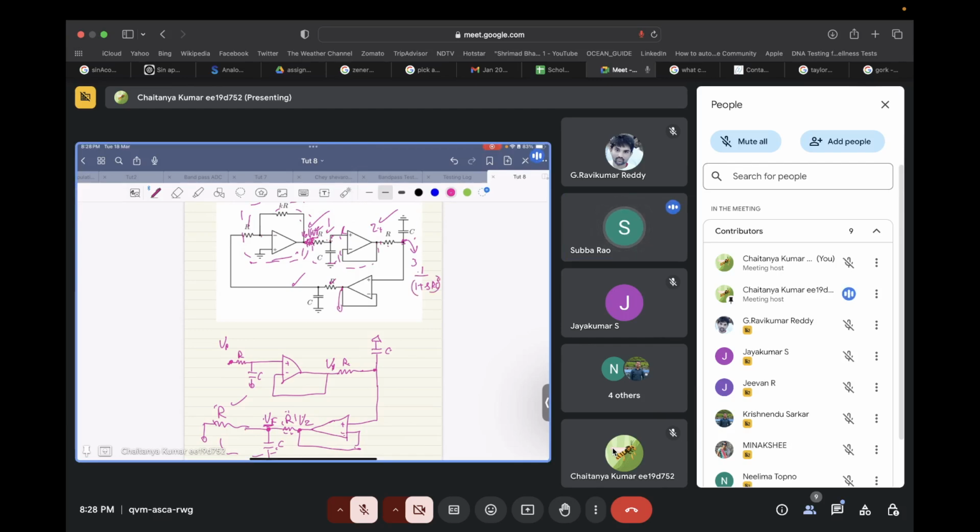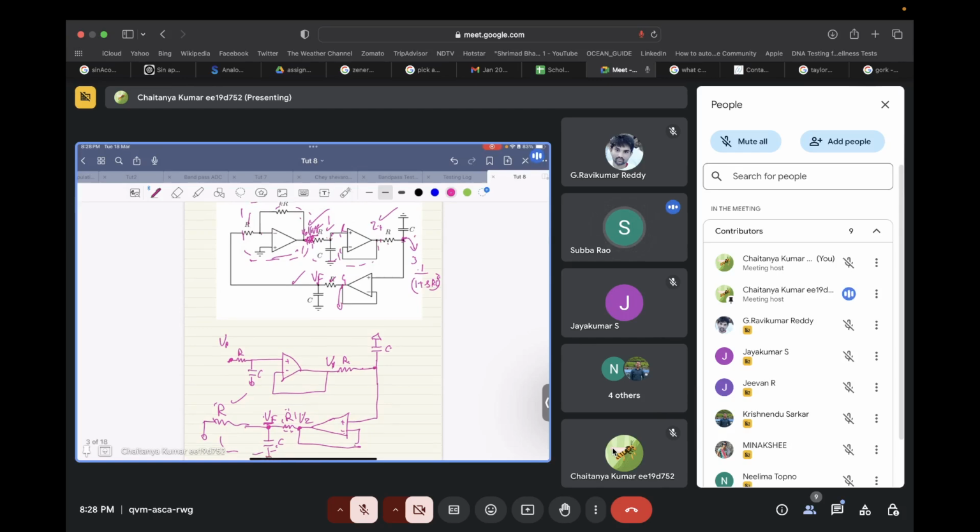The same thing will come at this point also, because again there is a unity follower, and after that we have to calculate the transfer function from here to here. Whatever transfer function comes from node 4 to node VF will be cascaded with 1 upon 1 plus SCR whole square. It might be tempting to say that will also be 1 upon 1 plus SCR.